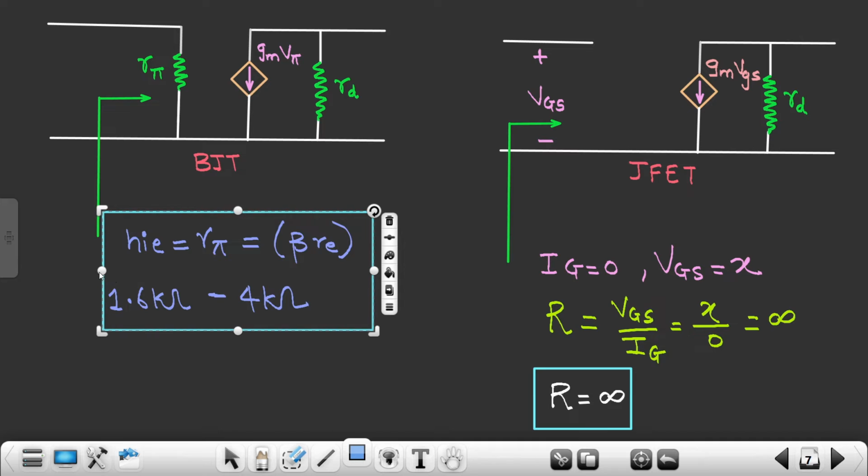Bipolar junction transistor. What we can conclude here is that the input impedance of BJT is quite a bit less than that of JFET. That means for amplification, it's not a good idea to use BJTs. Why? Because we all know that for an amplifier to get all the signal from whatever source it is extracting from, the input impedance of the amplifier should be as high as possible.